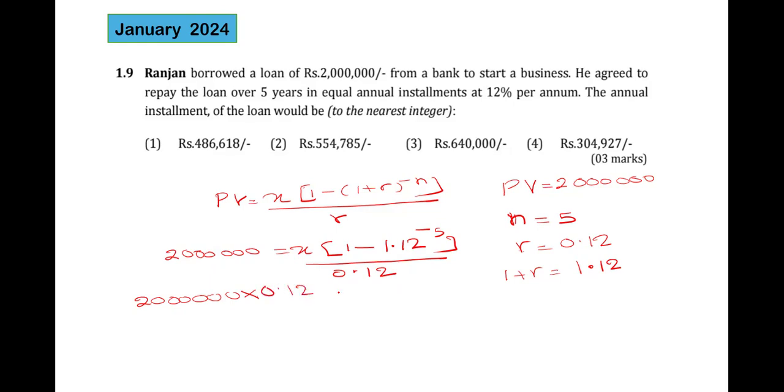So 0.12 times 2 million, equals X times (1 minus 1.12 to the power minus 5). This part goes to the left hand side.